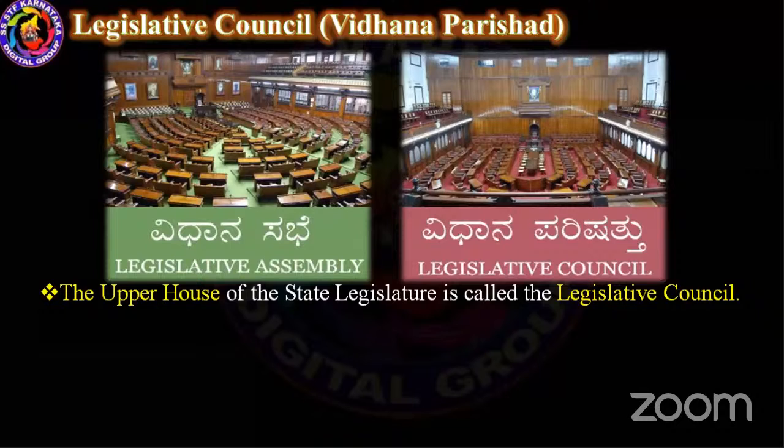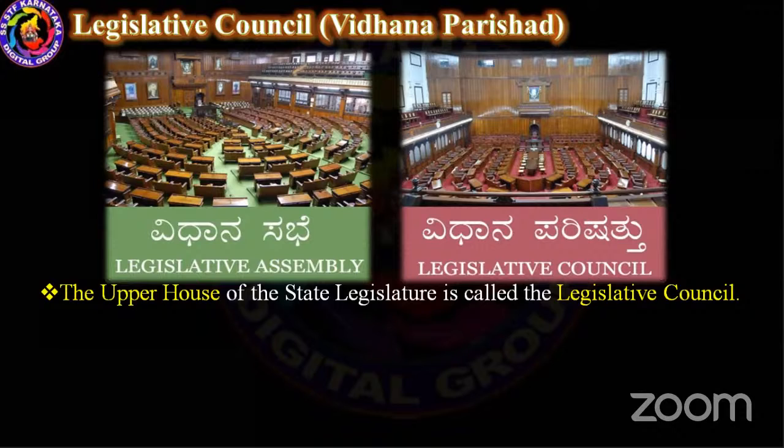Say it properly, don't say half. First understand my question here. What do we call the lower house of the state legislature? If the upper house of the state legislature is called the legislative council, what do we call the lower house? Legislative Assembly.